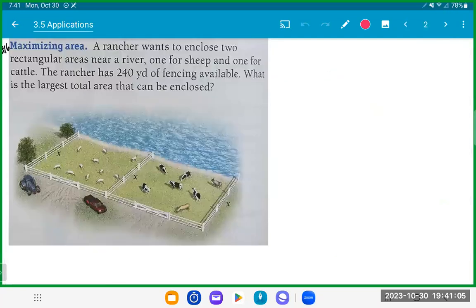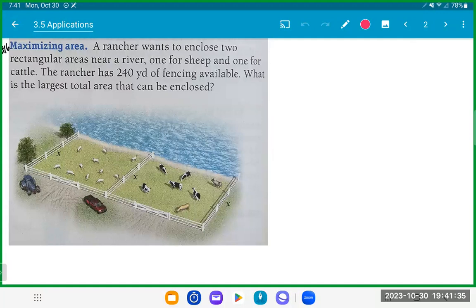Okay. So this next problem is a pretty interesting application problem. It's number 16 in your textbook, and we want to maximize the area. We have a rancher who wants to enclose 2 rectangular areas near a river, with sheep on one side and cattle on the other.